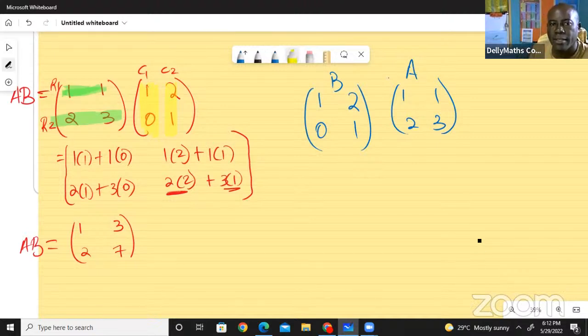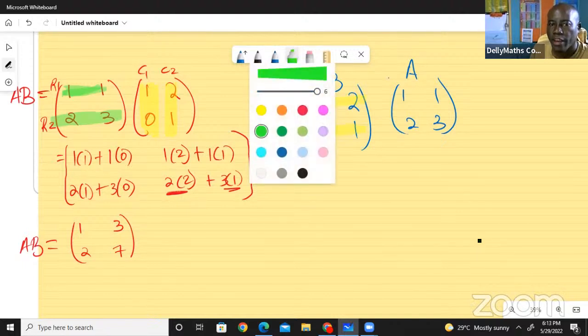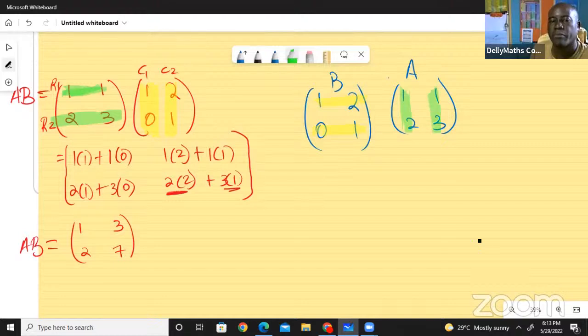The concept remains the same. My row from the first matrix will be multiplied by the column from the second matrix. So if I should label this, this is row 1, row 2, column 1, column 2, row by column.